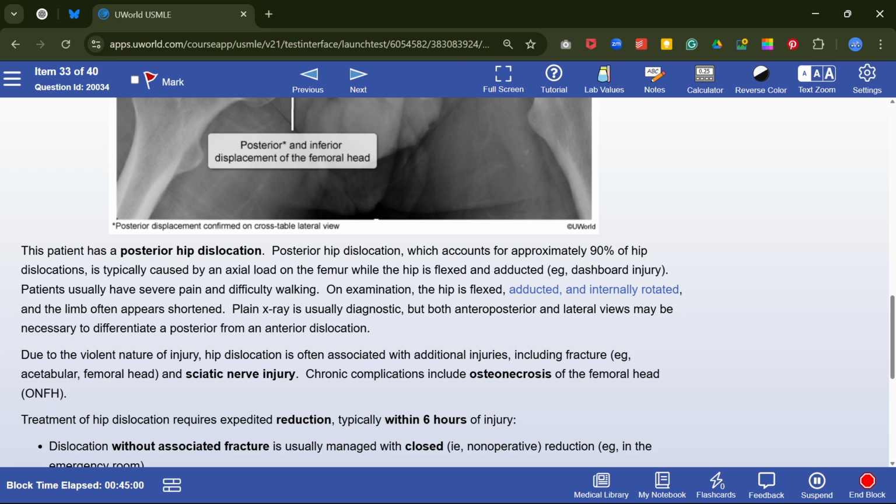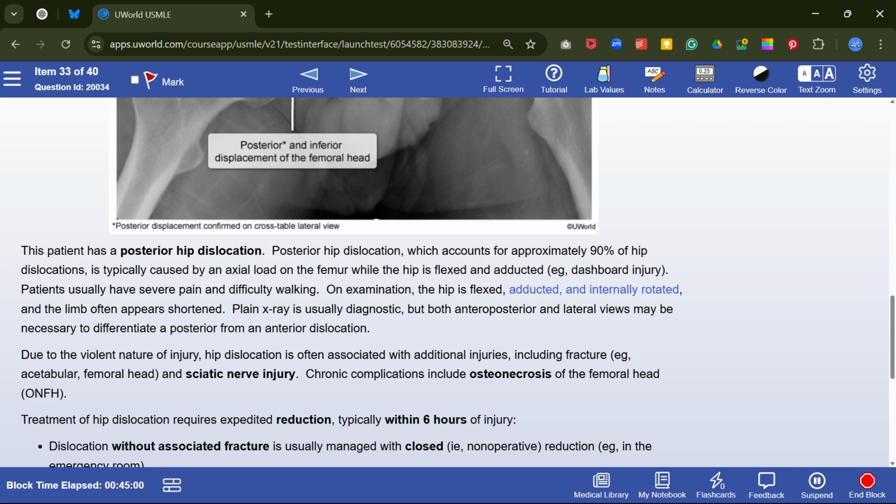The limb often appears shortened. Plain X-ray is usually diagnostic, but both anteroposterior and lateral views may be necessary to differentiate a posterior from anterior dislocation.